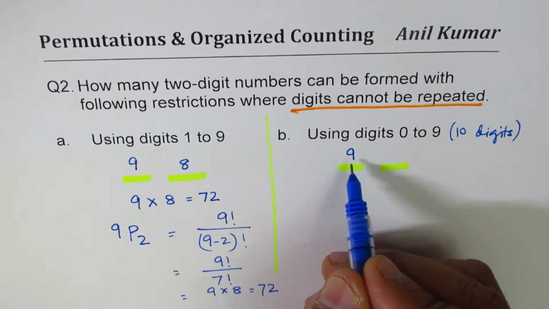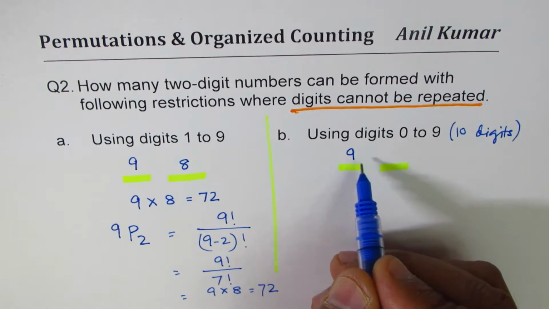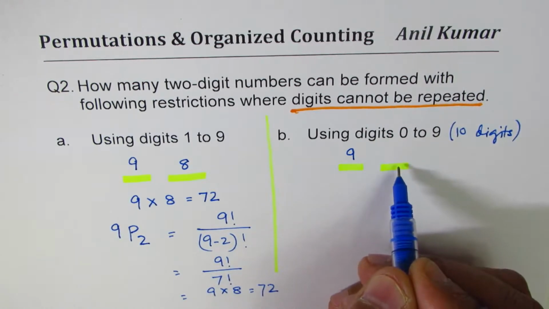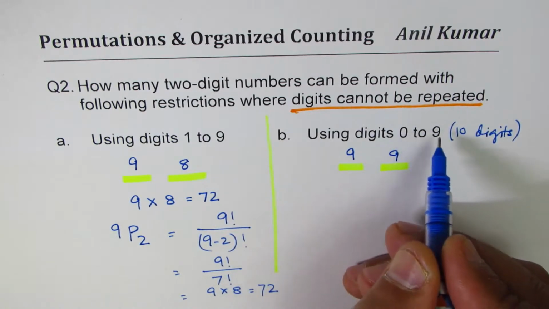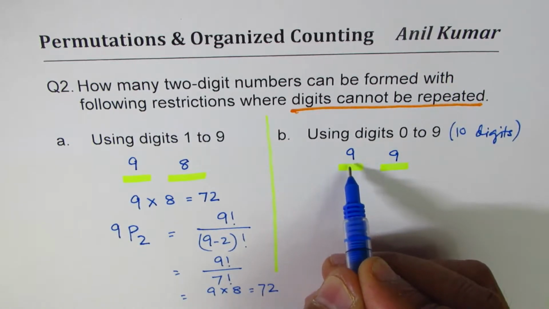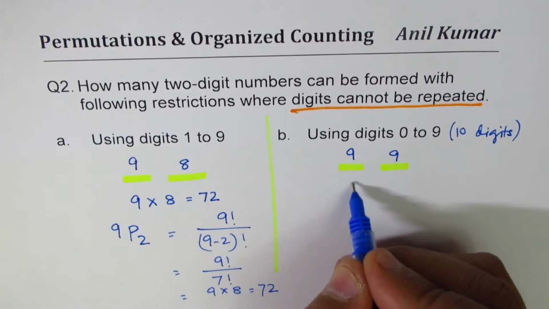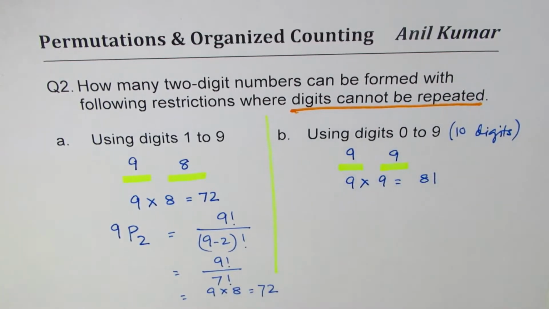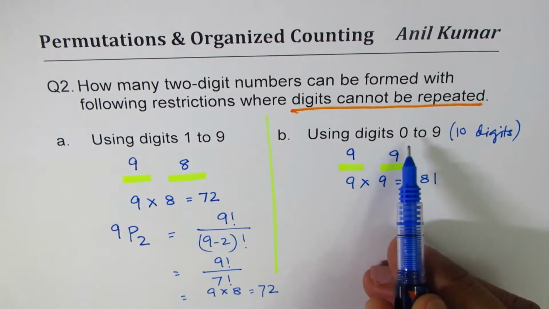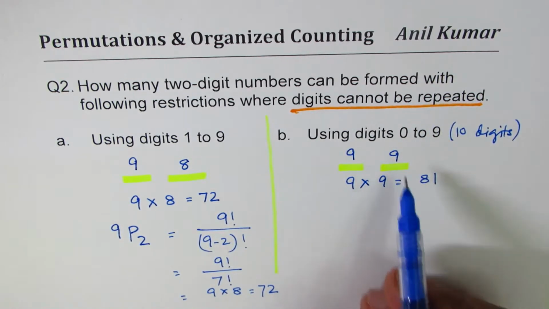But once you place a digit here, maybe 5, you cannot place the same digit in the ones place. So you're left with 9 digits, 0 to 9 excluding what you placed in the tens place. So the total is 9 times 9, which is 81. You can form 81 two-digit numbers using digits 0 to 9.